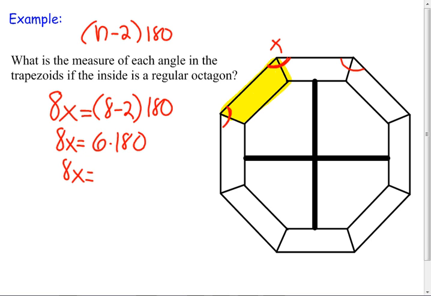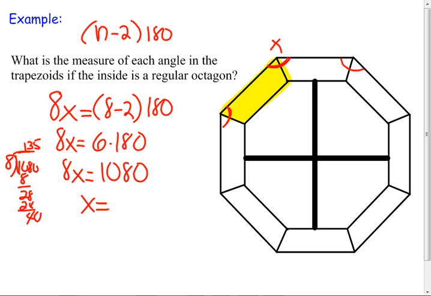What is that? 1080? So x equals 8 into 1080. Goes once, 8, 28. That's 3, 24, 40. That's 5, 135. Okay, that's each big angle.